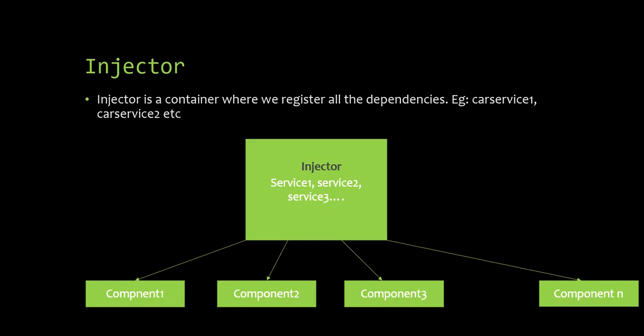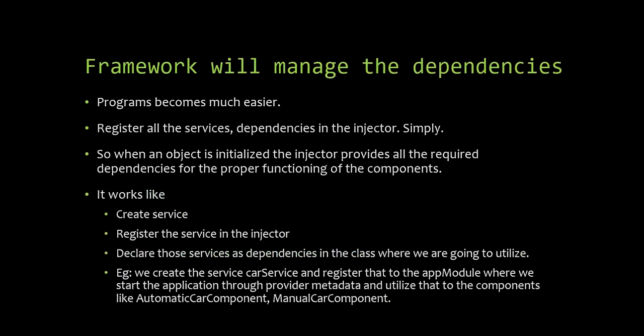We don't need to consider how these service objects are created, as they are already registered and their objects are available to use. So the framework will manage all the dependencies, and programming becomes much easier when we simply register all the service dependencies in the injector. When an object is initialized, the constructor provides all the required dependencies for the proper functioning of the component. It becomes the responsibility of the framework to provide the required dependencies.